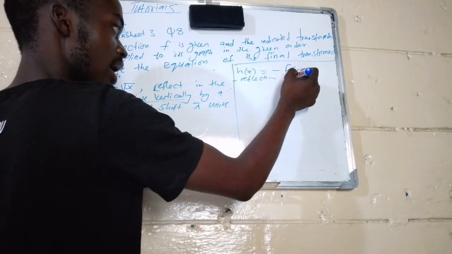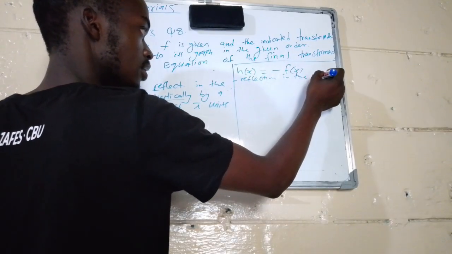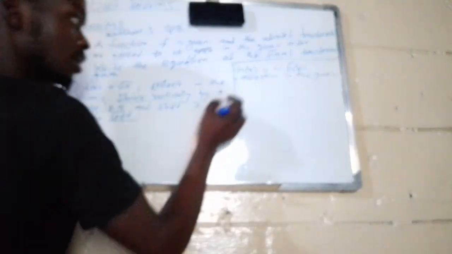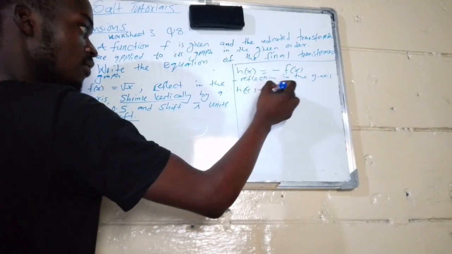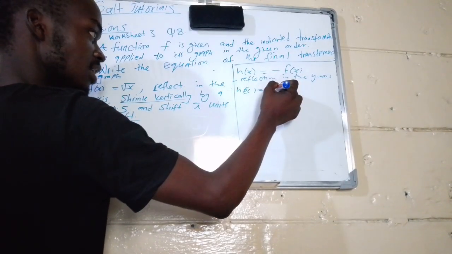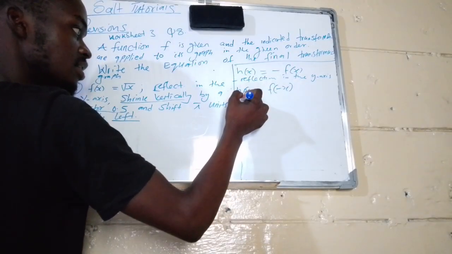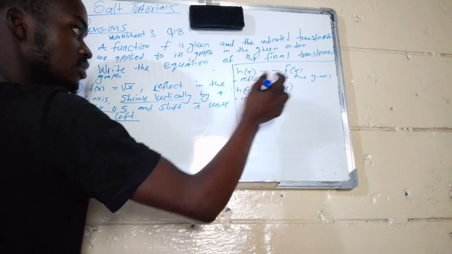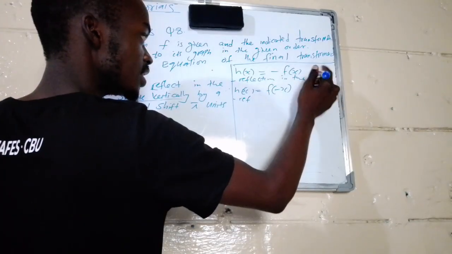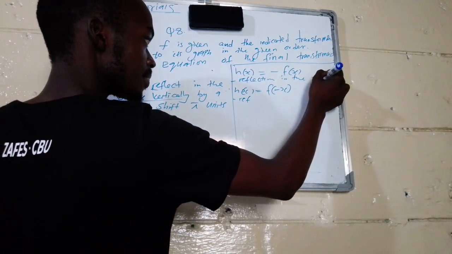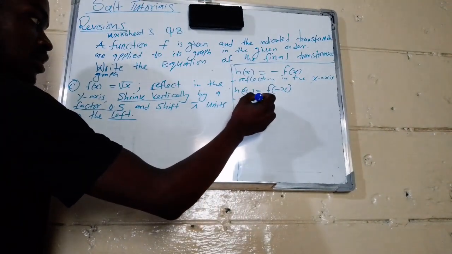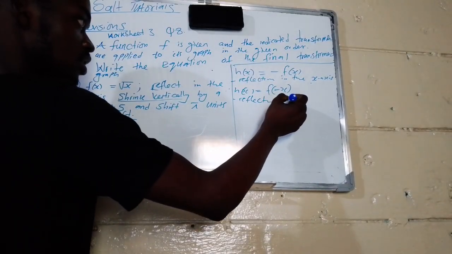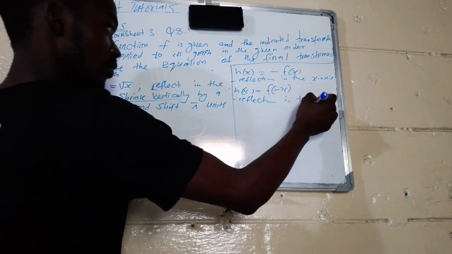in the x-axis. But if we have h of x equal to f of negative x, with the negative inside the function, this is a reflection in the y-axis. So the first one is a reflection in the x-axis, and this one is a reflection in the y-axis.